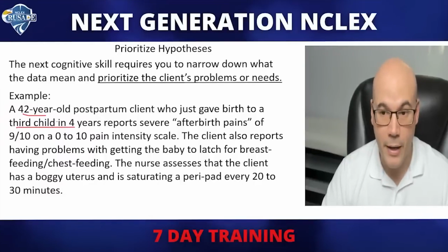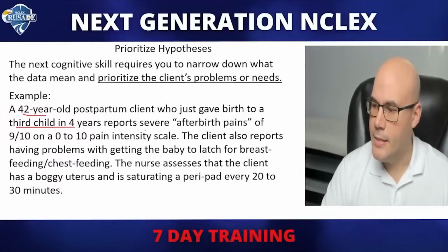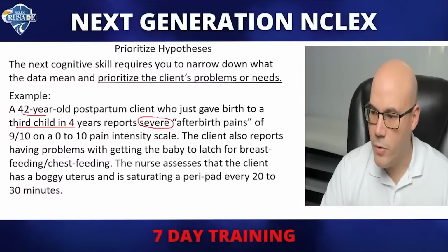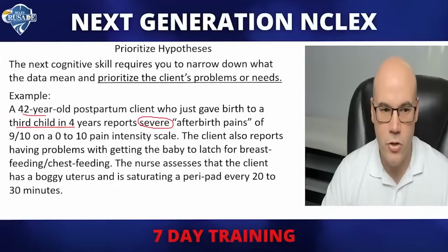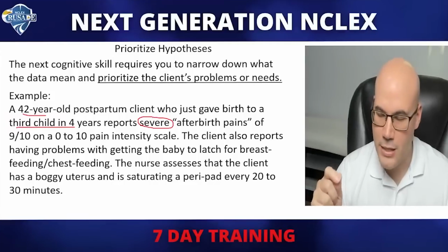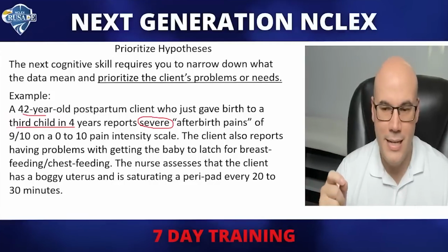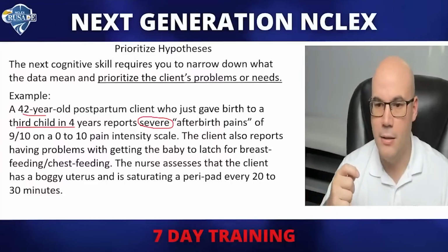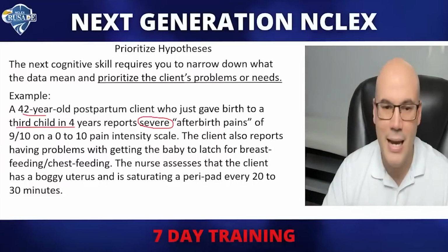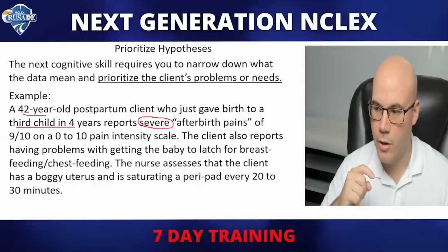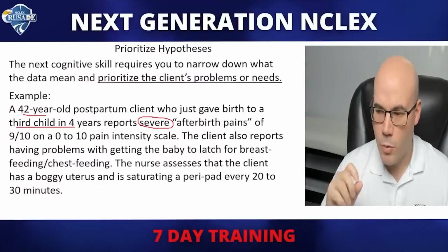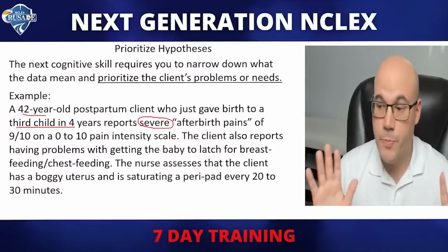So it's a multipara. It says that the patient now has severe pain. So it's using an adjective to describe the severity of the pain. Severe, 9 out of 10. That is important. So we see right now that the first problem is pain.